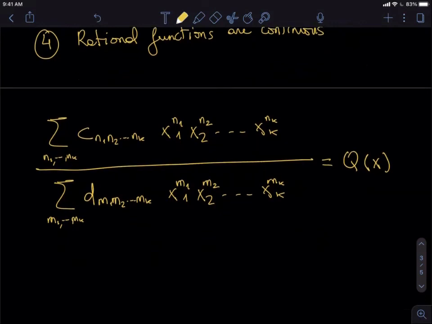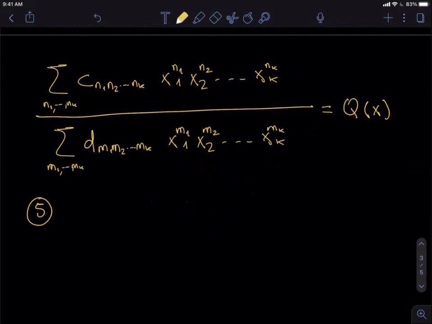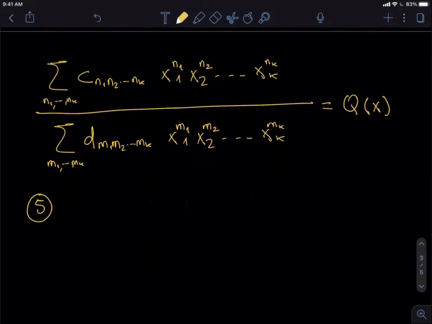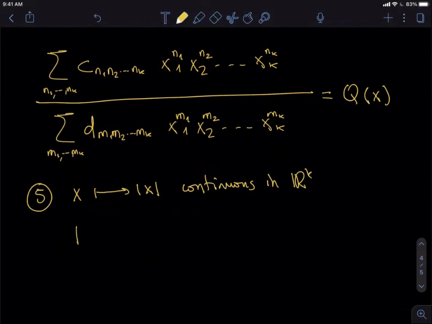And one more function that I want to mention that is continuous is the absolute value, the modulus. The mapping x to the modulus of x is continuous in R^k. Here we are going to see this from the inequality that the absolute value of the norm of x minus the norm of y is less or equal than the norm of x minus y. This we saw a few weeks ago.